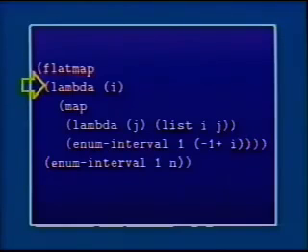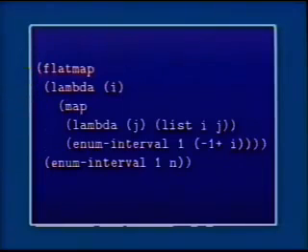So for each i, we're going to generate, for each j in the interval 1 to i minus 1, we'll generate the pair, or the list with two elements i and j. Right, so we map along the interval, generating the pairs. And for each i, that generates a stream of pairs. And we flat map it. Now we have all the pairs i and j, such that j is less than i.